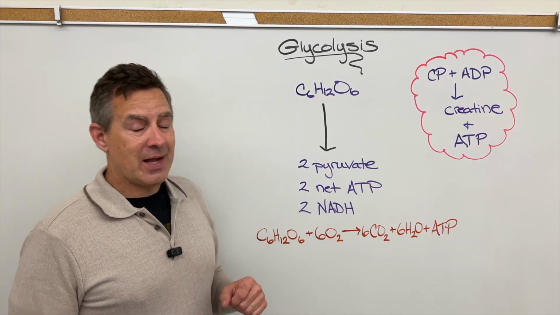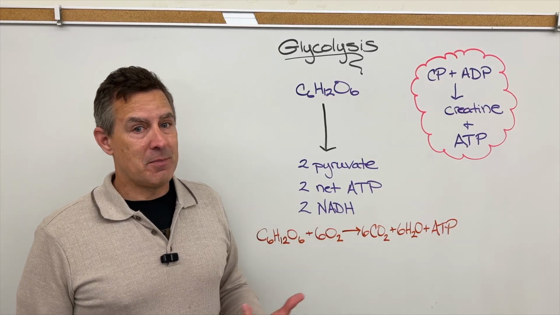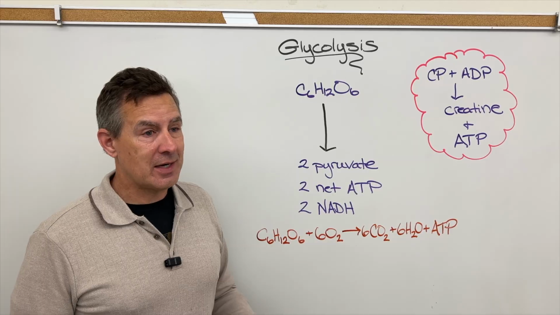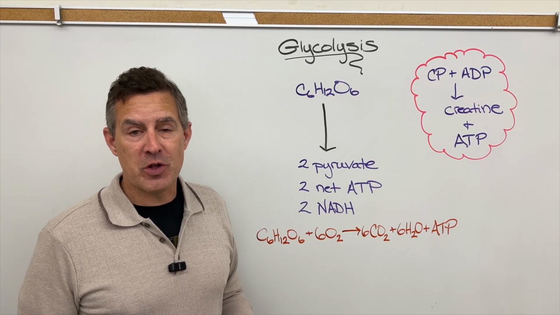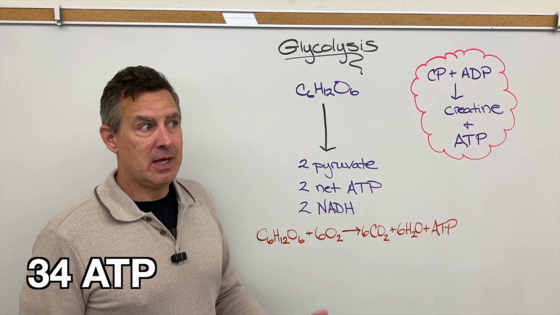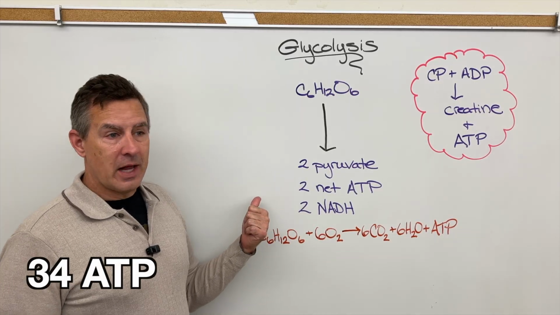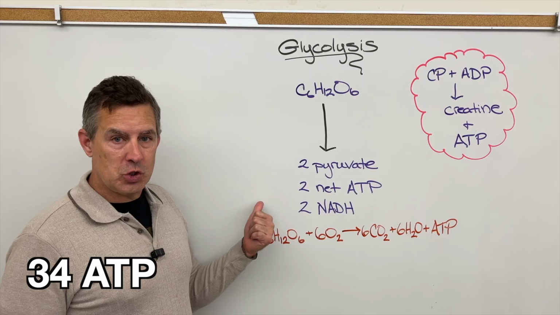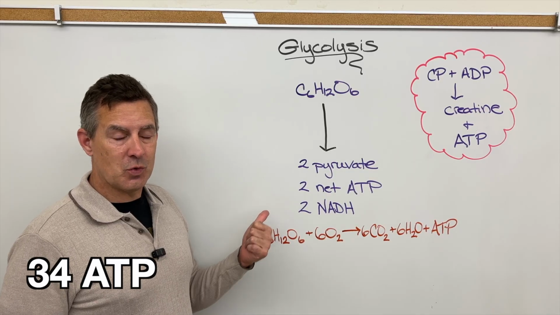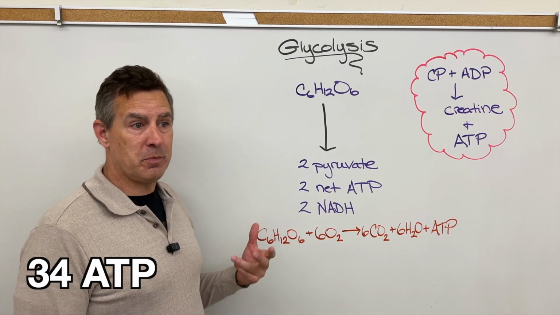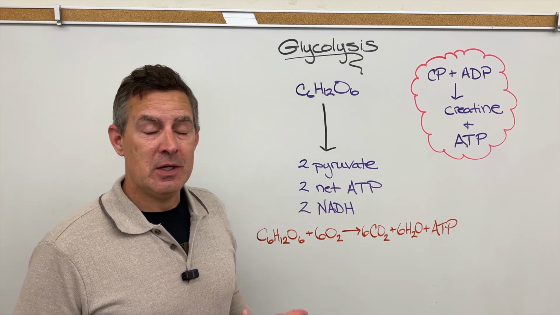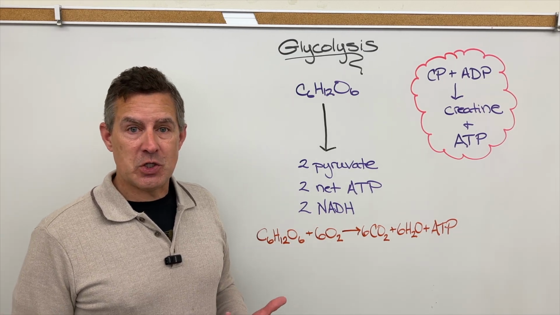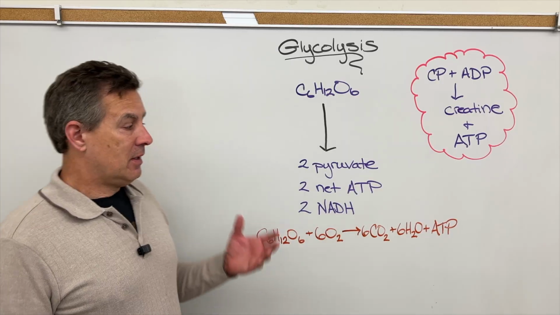So one thing I neglected to say when we talked about oxidative phosphorylation is that it's going to create upwards of 34 ATP molecules. And as we see here, glycolysis is only producing 2 net ATP molecules, which doesn't sound very valuable, which, truth be known, it's not very valuable when we compare it to the oxidative phosphorylation in the mitochondria.